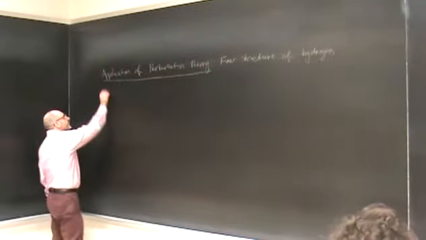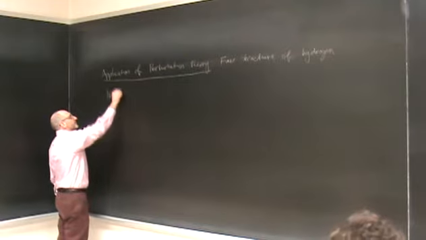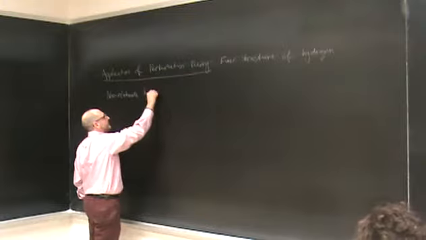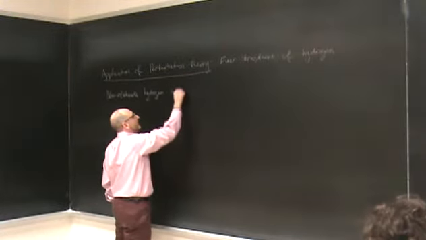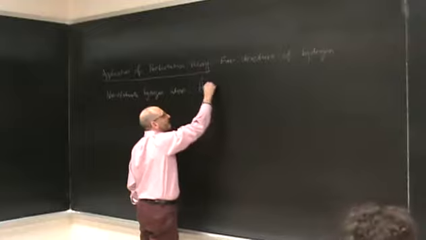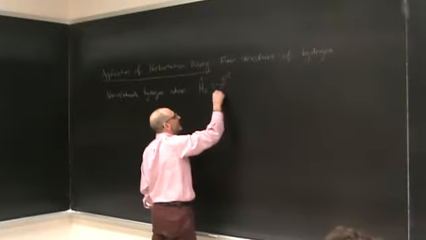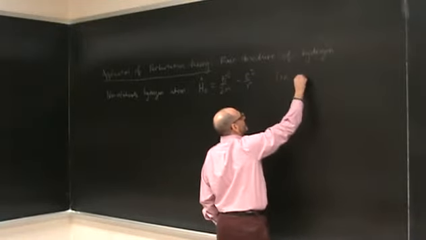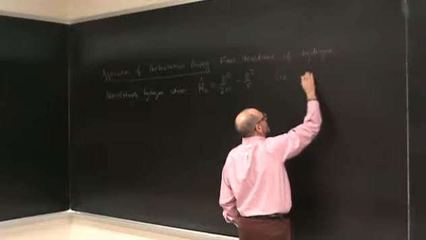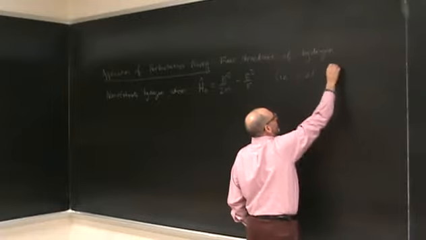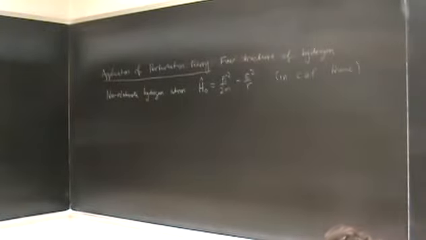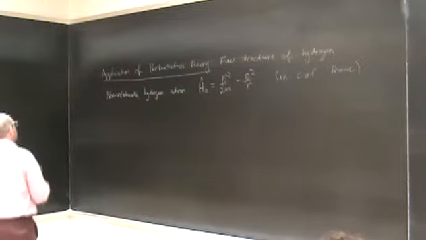We had the non-relativistic hydrogen atom, which I'll call H0, in the center of mass frame, where the center of mass is basically at the proton. So that's what we did. And what we want to think about now are relativistic corrections.